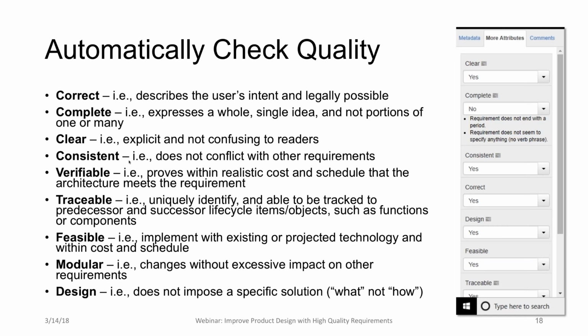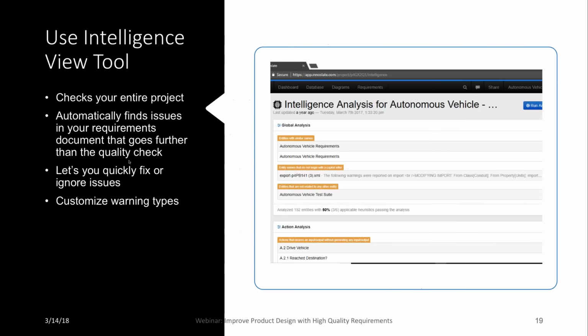Also, we have another analytical tool, again using natural language processing technology, which goes through and looks across the entire model. All the different elements and attributes of the tool are captured and looked at for these various heuristics. I want to thank the Stevens Institute of Technology and the Naval Postgraduate School, who provided that information to us.